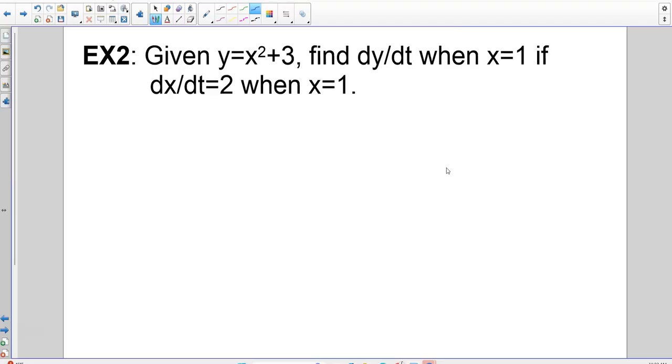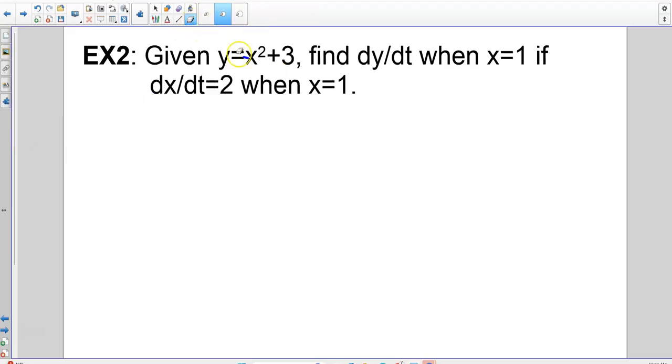But tonight, we're just going to practice the mechanics of taking a derivative with respect to a different variable. So if we have the equation y equals x squared plus 3, we are supposed to find dy/dt when x equals 1 if dx/dt equals 2 when x equals 1. In this case, they are giving us several pieces of information.